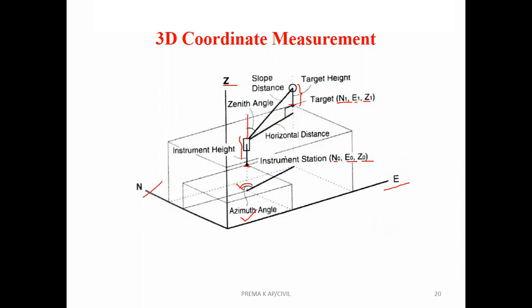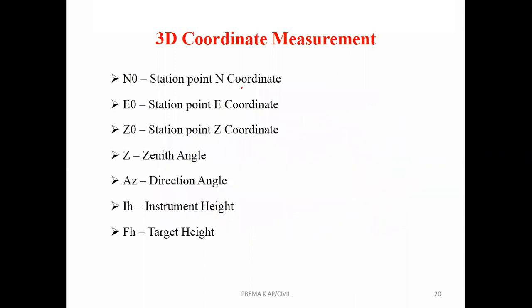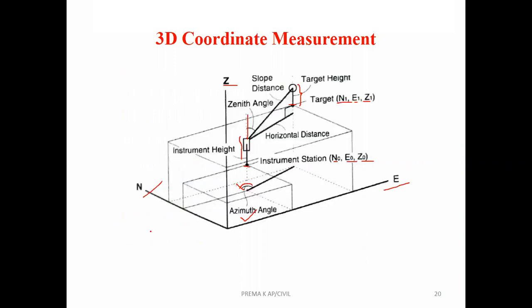So apart from this, these are the three coordinates, that is N, E and Z. So N0, E0 and Z0 are the station point N coordinate, station point E coordinate and station point Z coordinate. Z is the zenith angle, A is the direction angle, IH is the instrument height and FH is target height.